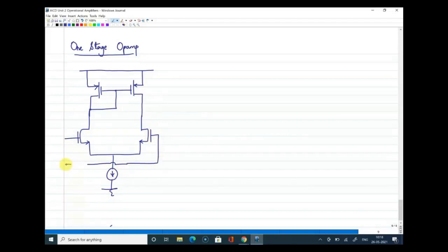It is common to mark the inputs like this to show that this is the differential input, and this is single ended output, so we mark it as Vout. We can number this as M1, M2, M3 and M4, and this is VDD, and there is a tail current source of value, say I0 or ISS, whatever notation we can give.